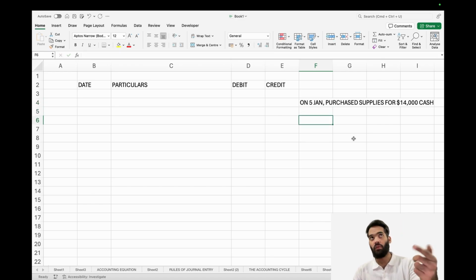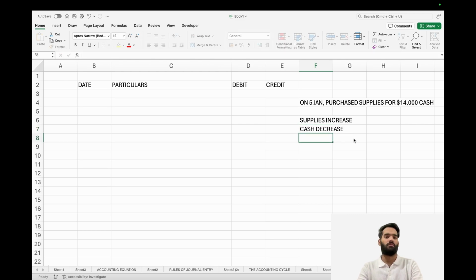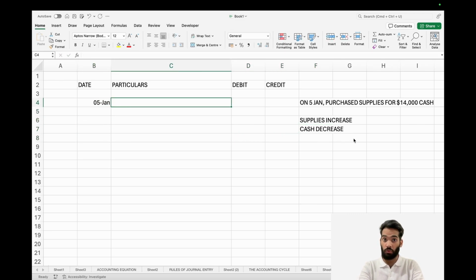If you think logically, if I buy, my supplies will increase, right? Like we have learned, anything you buy obviously goes up. You have more of it now. And since I paid cash, my cash will decrease. And again, if we apply our understanding of the journal entry rules, we will know what is debit, what is credit. I'll just write it down.